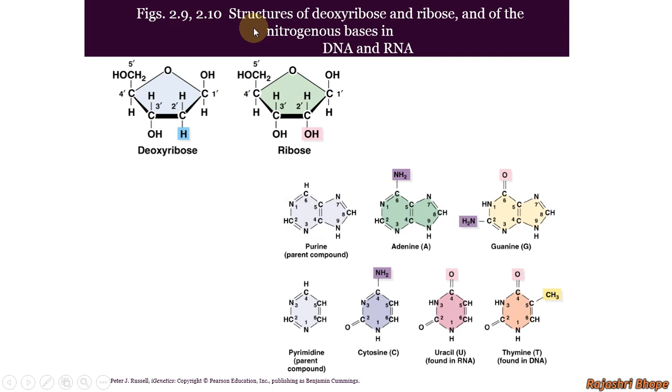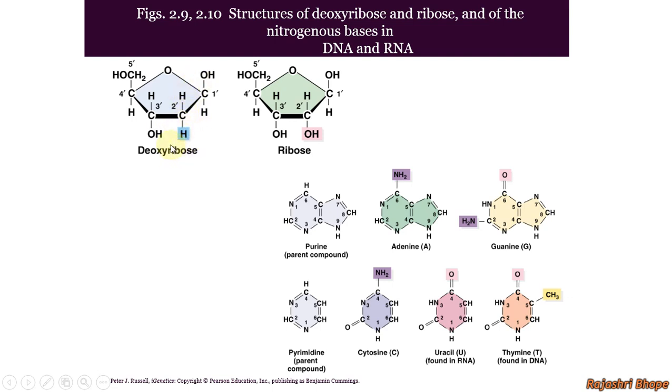Now if you see the difference between DNA and RNA, both are nucleic acids, deoxyribonucleic acid and ribonucleic acid. The difference between the two is very simple, as the name dictates. In DNA, the ribose sugar is deoxygenated at carbon number 2.